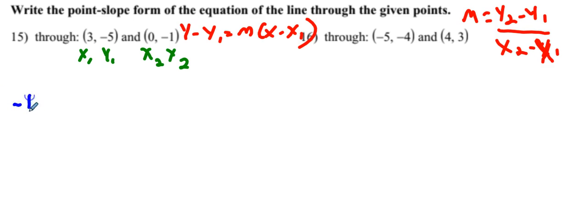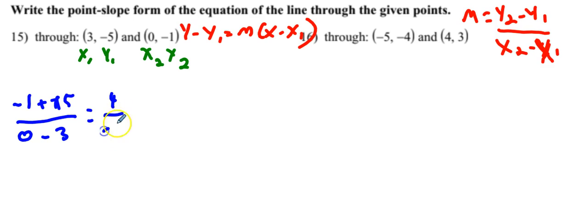Negative 1 minus negative 5 over 0 minus 3. Remember, minus minus becomes plus, so that becomes 4 over negative 3, or just negative 4/3. That's our slope.